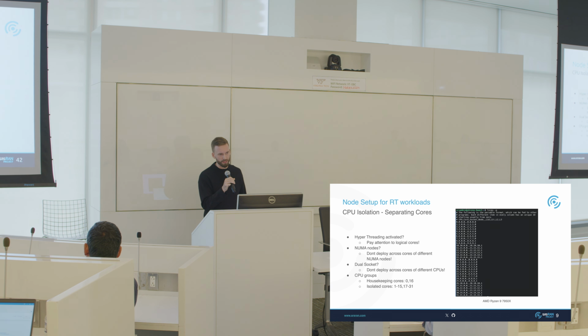If you have NUMA nodes, for example, you don't want to create these groups consisting of cores from different NUMA nodes. The reason is similar to the hyperthreading. It's just better to not mix them. So I also recommend to not cross NUMA nodes. But what you can, for example, do is create the housekeeping in NUMA node 0 and the isolation CPU group in NUMA node 1, if you want.